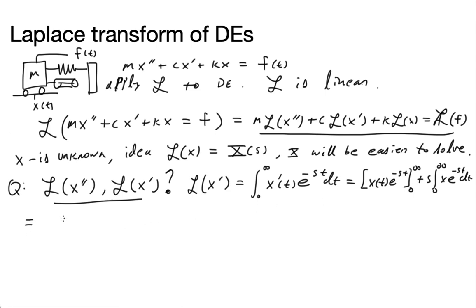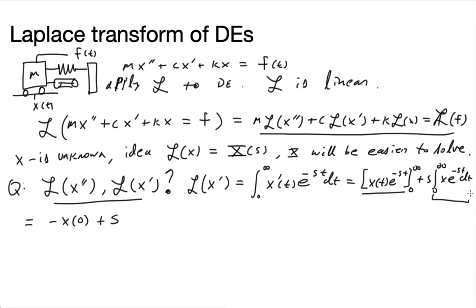We can see that this becomes negative x of 0, and we'll assume that the limit of this as t goes to infinity goes to 0, plus s.